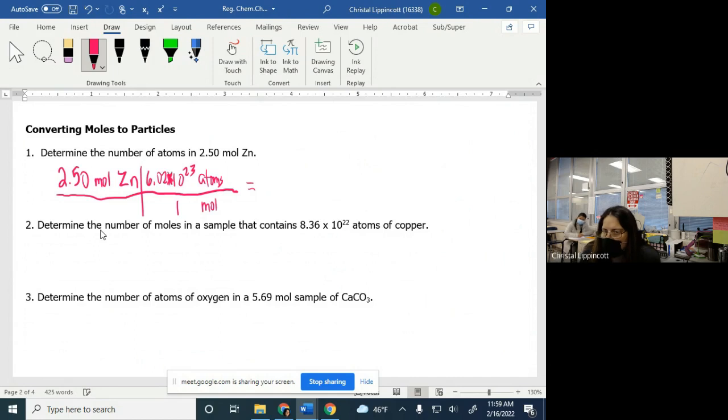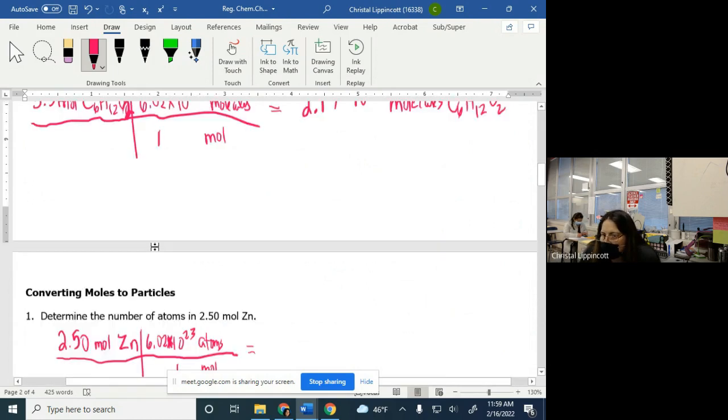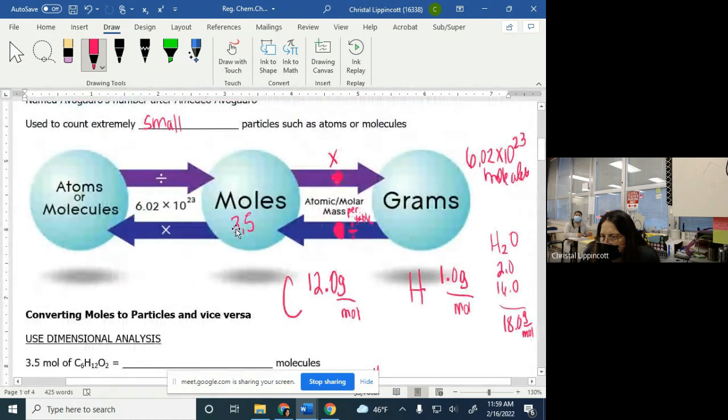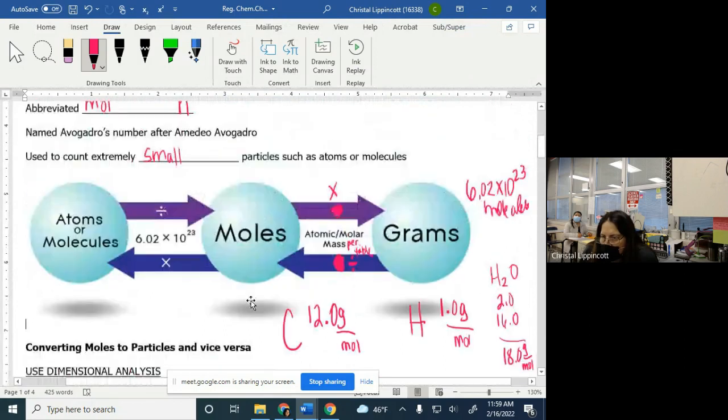That's a times. I also could go back up to this diagram here, and I could write in 2.5. I want to go here, so I'm going to follow my arrow, and it tells me to multiply.